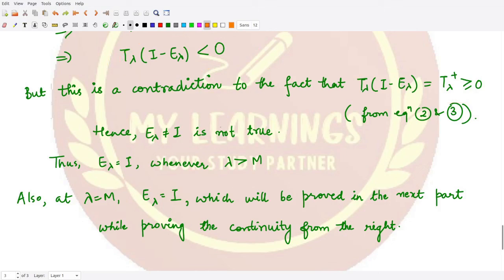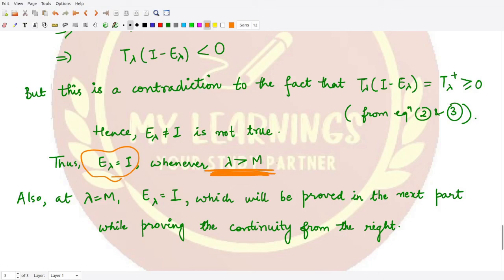If so, that means whatever we have assumed is not true. We assumed that E_lambda is not equal to the identity operator, so this is incorrect. If this is incorrect, then E_lambda is equal to the identity operator whenever lambda is greater than capital M, which is the upper bound of the given interval.